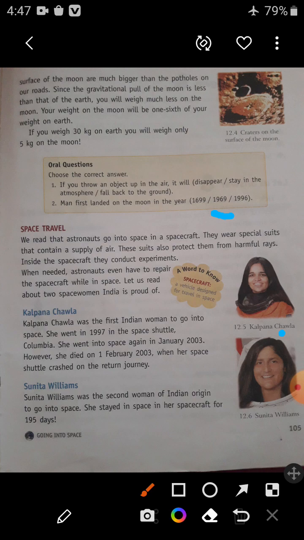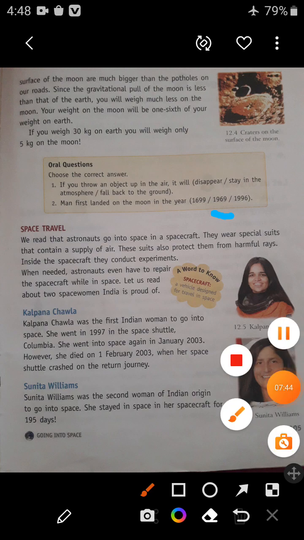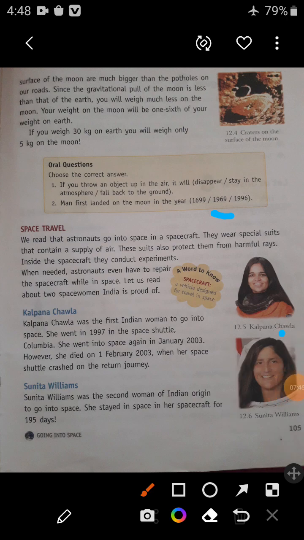These suits also protect them from harmful rays. Inside the spacecraft, they conduct experiments. When needed, astronauts even have to repair the spacecraft while in space. Let us read about two spacewomen India is proud of.